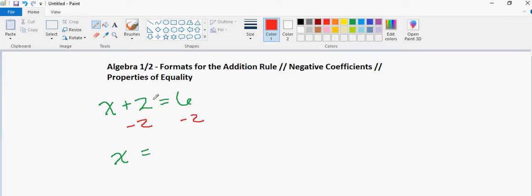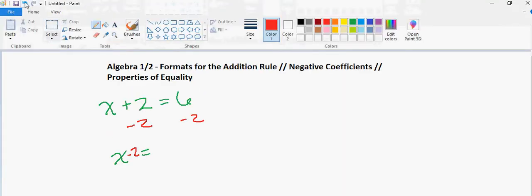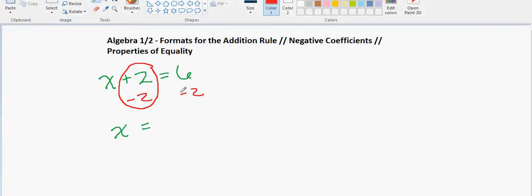We can do that with add and subtract. Now don't get confused. I'm not getting x minus 2 or something. This only takes away the 2 and leaves me with an x, and then this takes away 2, leaving me with 4. I can algebraically add the opposite, which is subtracting both sides.